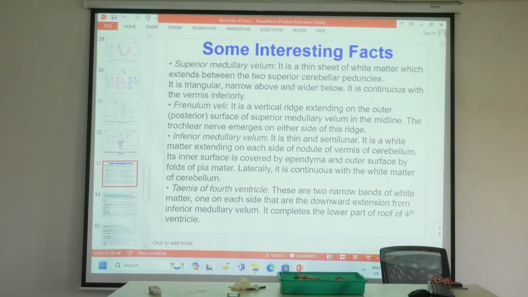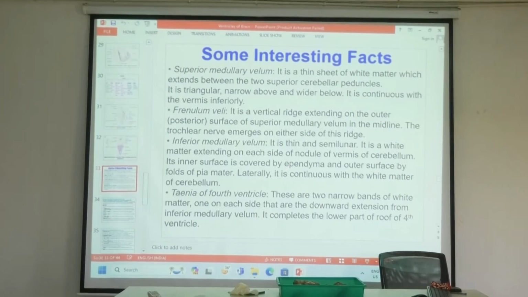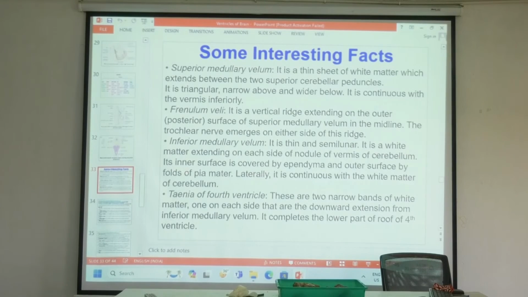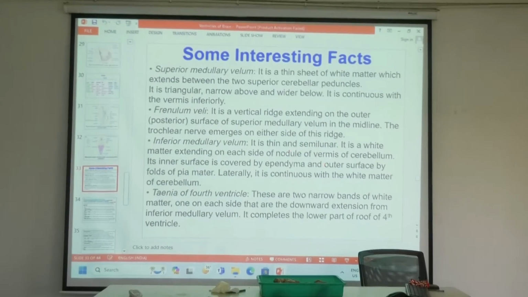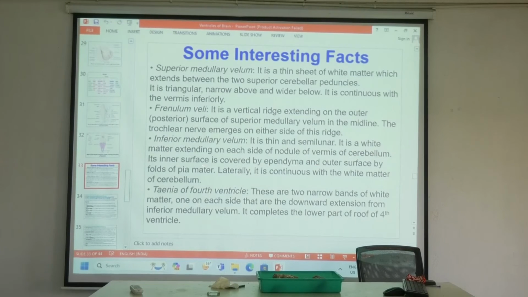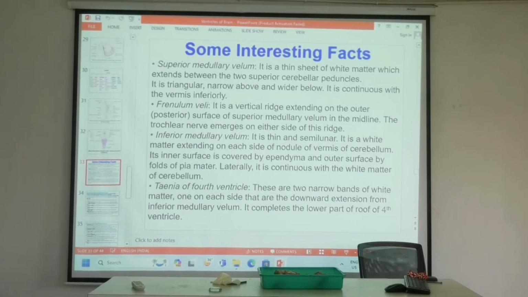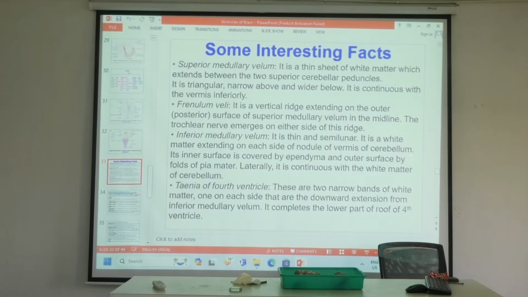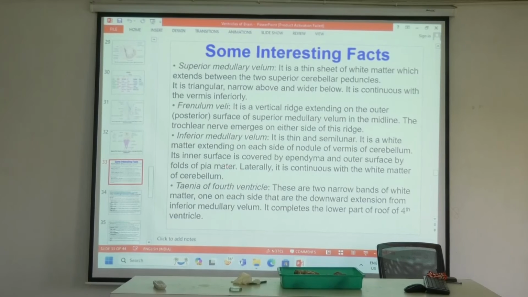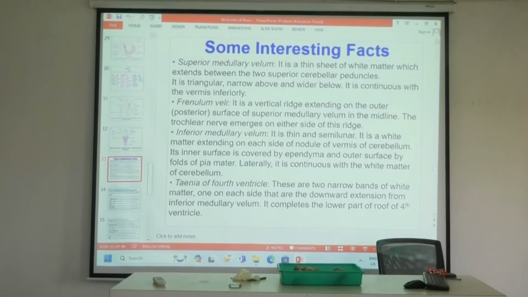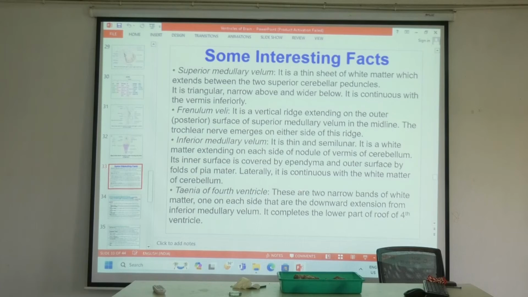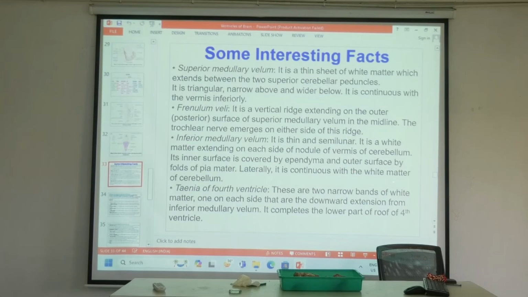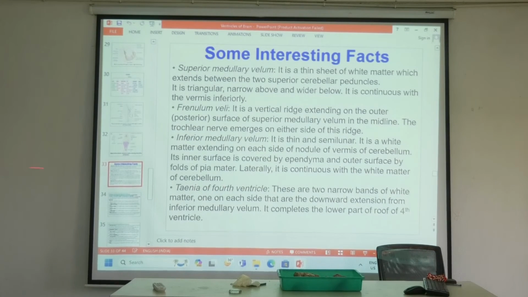And the inferior medullary velum is thin and semilunar. It is white matter extending on each side of the nodule of the vermis of the cerebellum. Its inner surface is covered by ependyma and the outer surface by folds of pia mater. Laterally, it is continuous with the white matter of the cerebellum.